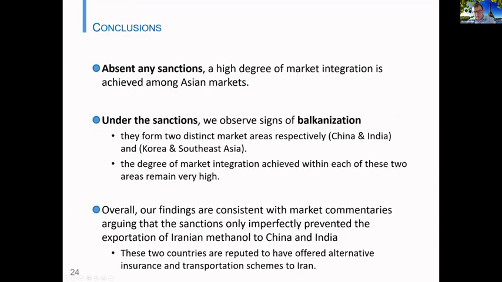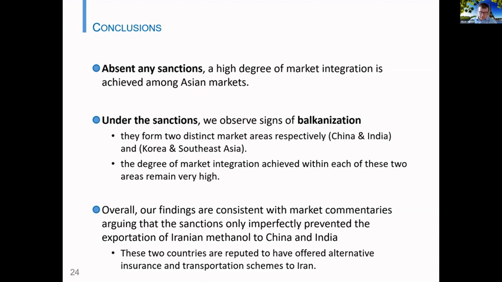So the conclusions, which are still a work in progress. The first conclusion we can draw is that absent any sanctions, we had a rather high degree of market integration among the Asian importing markets. But once the sanctions are imposed, we observe balkanization.